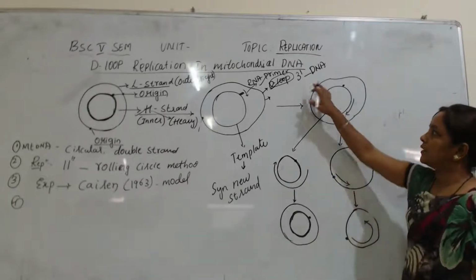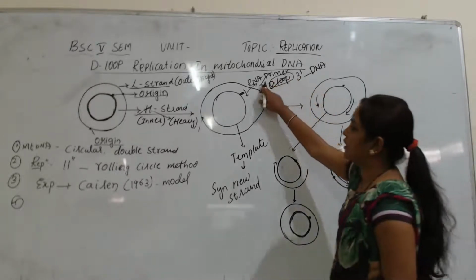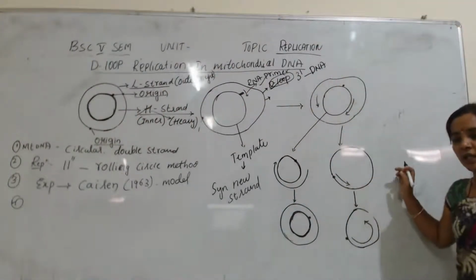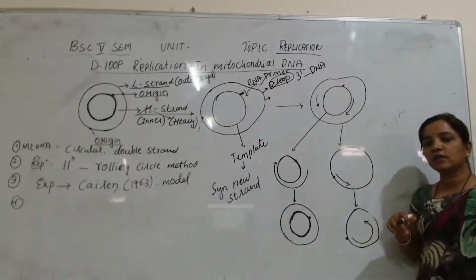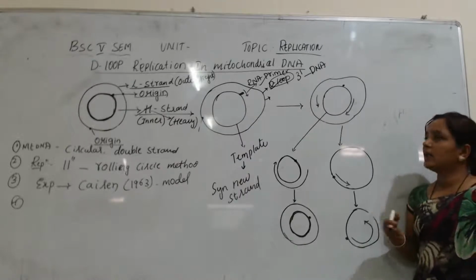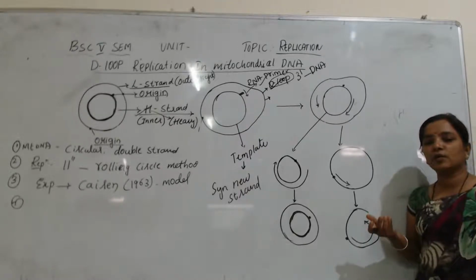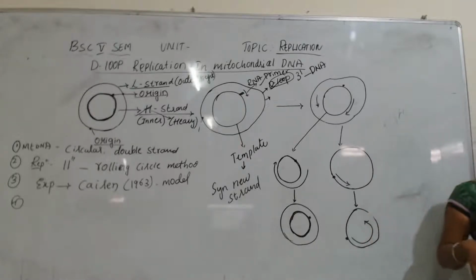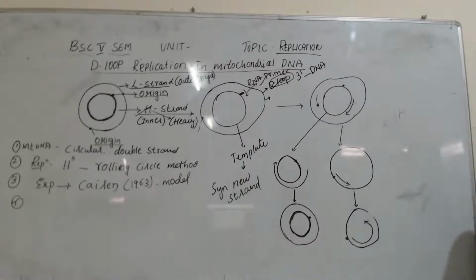So the 3' end of the RNA primer is extended and converted into DNA by the addition of nucleotides. After that, the new strand forms the L strand for the template H strand.